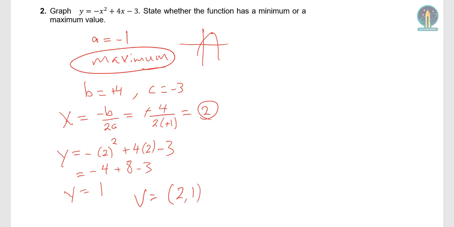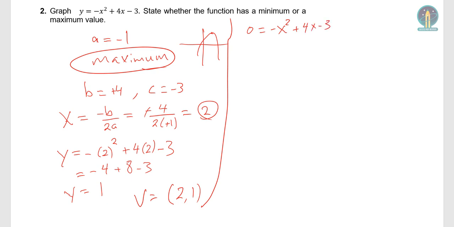Then we would have to find the x-intercepts and the y-intercept, just to be more accurate. So for the x-intercepts, what we do is we just set y equal to 0. So 0 equals minus x squared plus 4x minus 3.